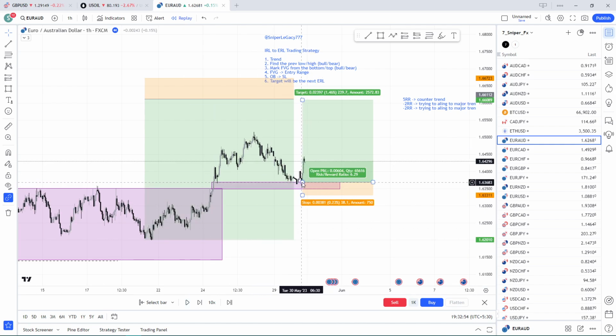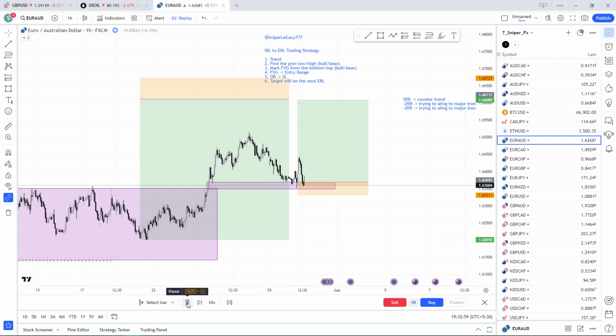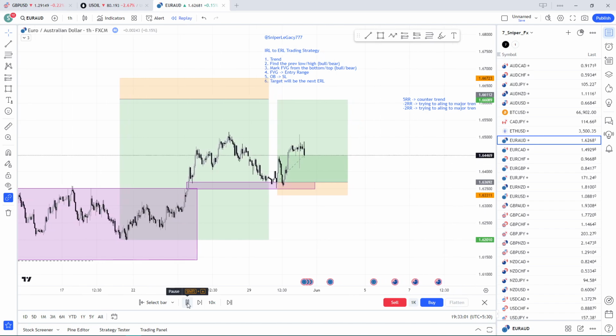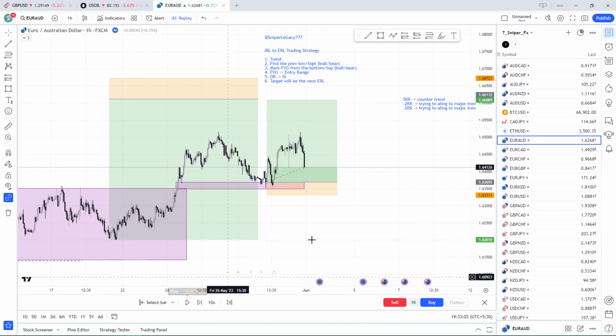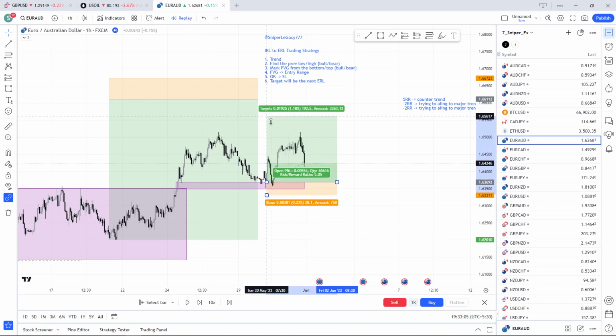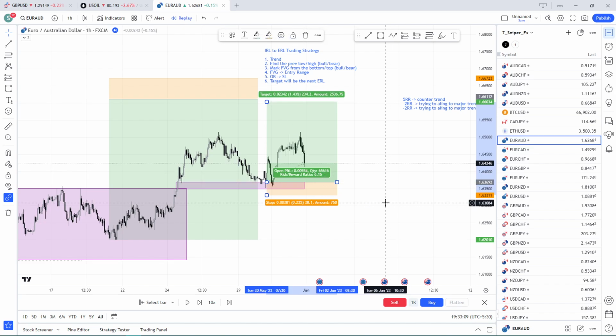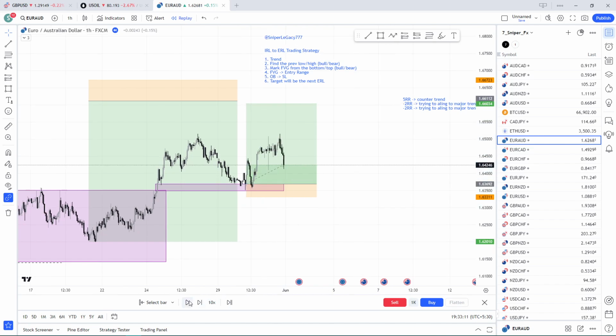But let us consider that we had kept our limit order here and we are taking the trade. If we have good risk management techniques, like we can take 50% at 3RR, then move our SL to break even. There are so many things, but since I'm just explaining the strategy, this is what it is.